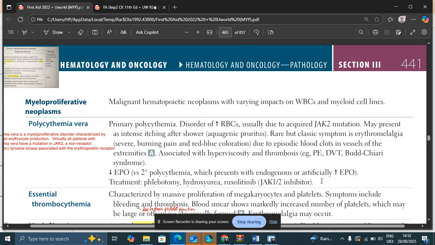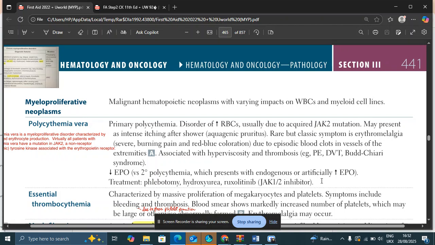So, polycythemia vera, which is a primary polycythemia, is one of the myeloproliferative neoplasms.